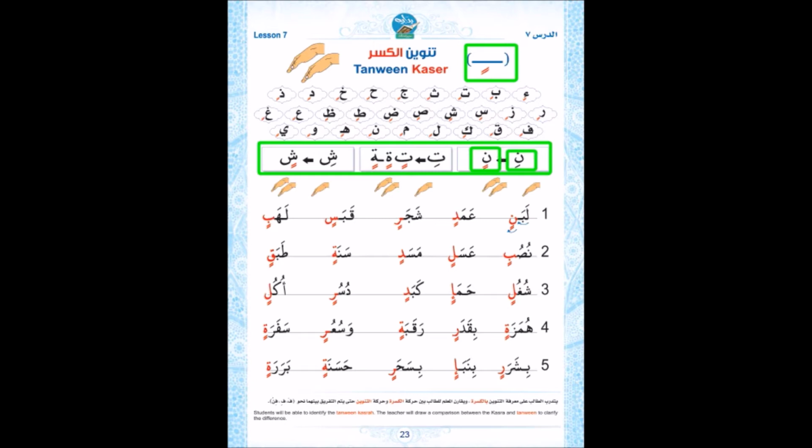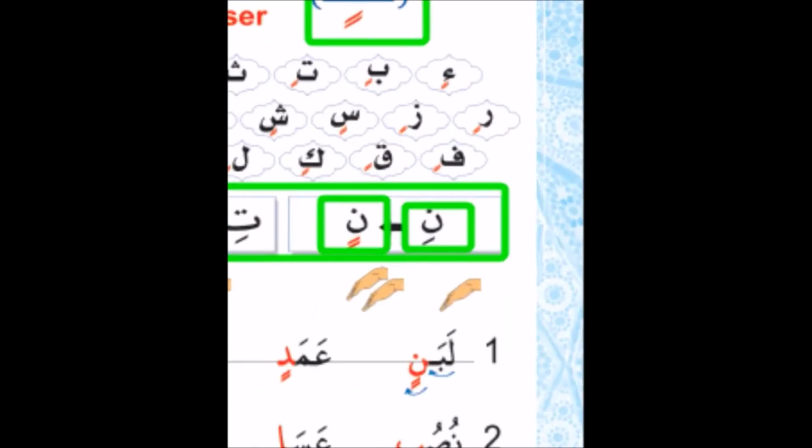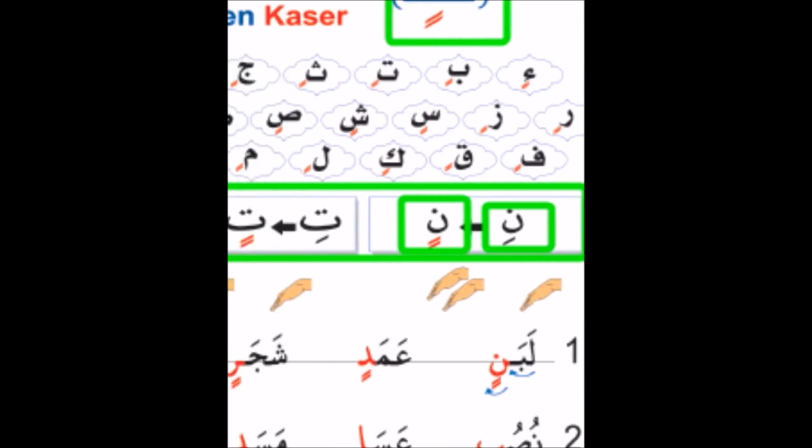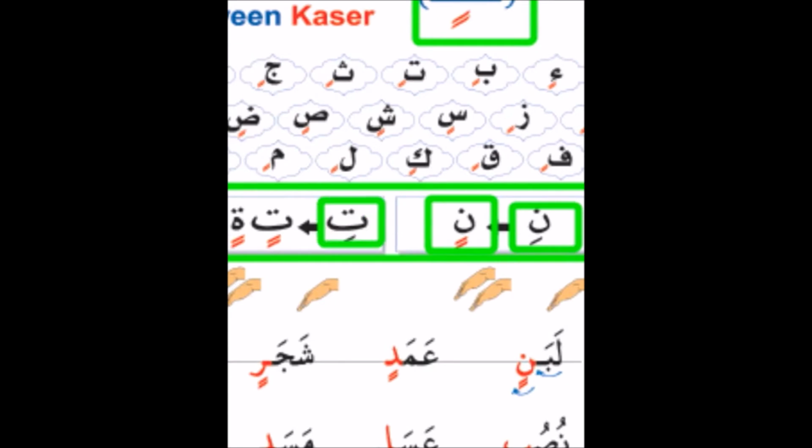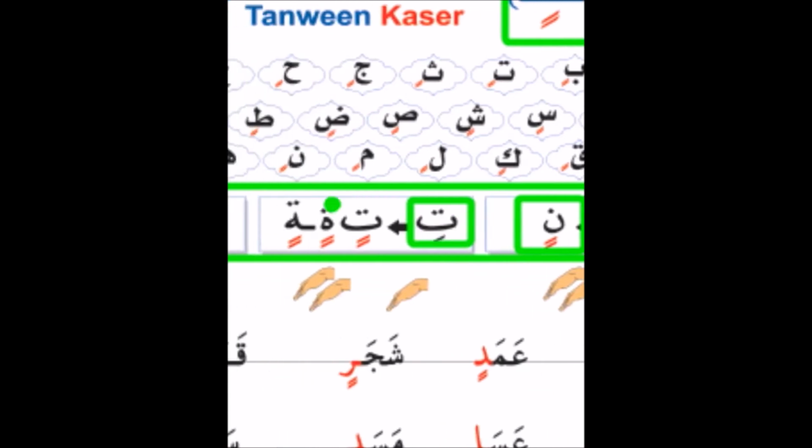We want them to build on their previous knowledge of kasr and realize that tanween kasr is 2 kasras that makes a different sound. So, for example, in this case, we will read it as Noon kasra ni, Noon kasratain nin, and so forth. Ta kasra ti, Ta kasratain tin.